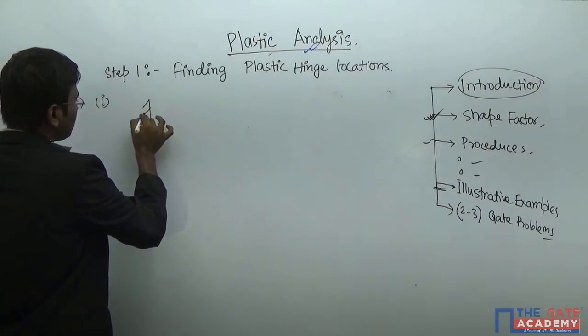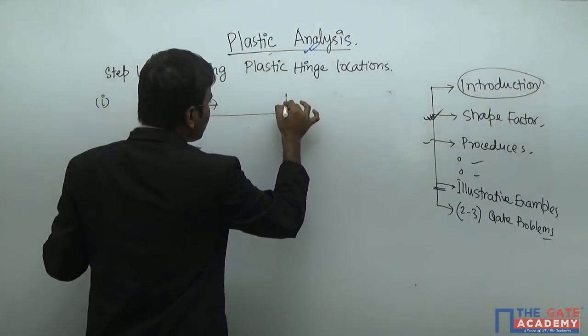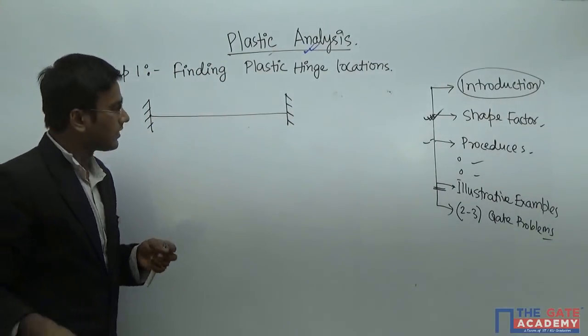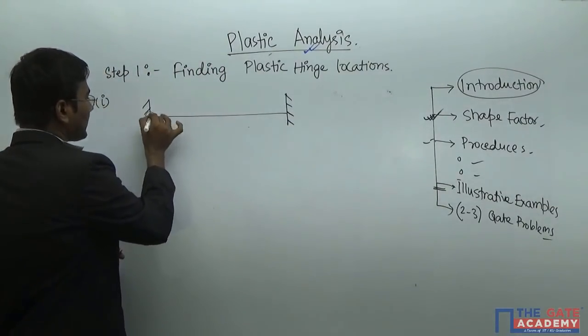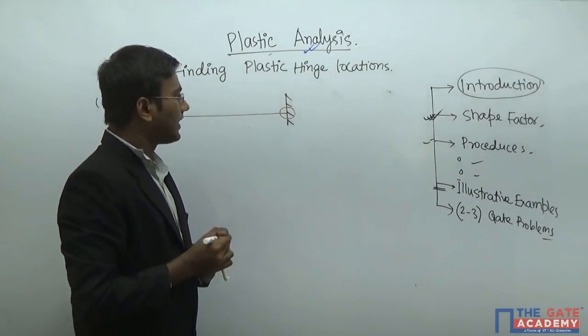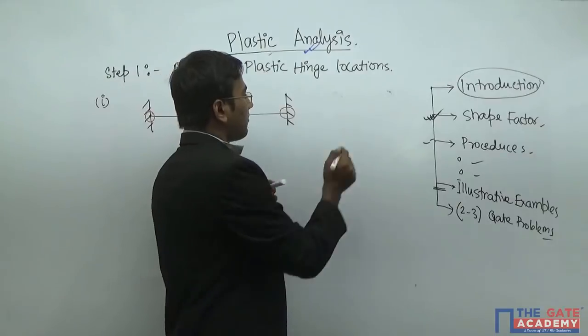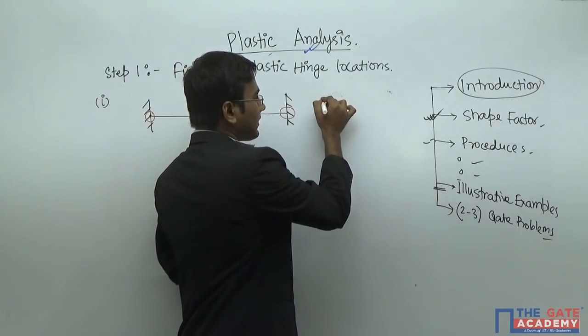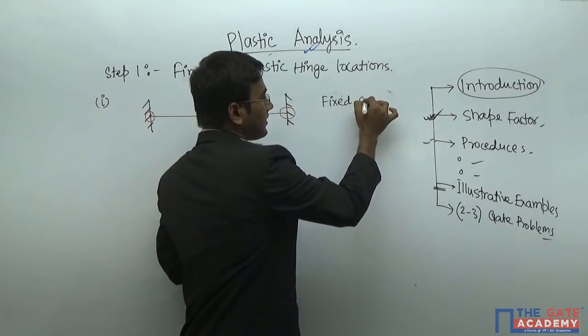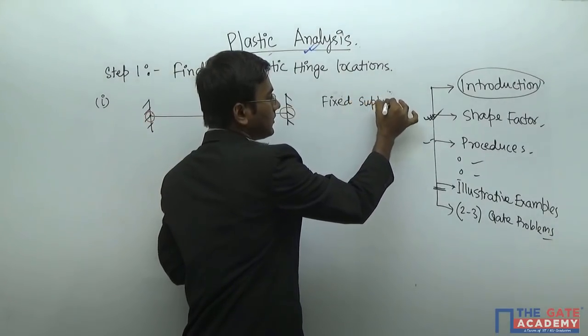Suppose this is a fixed beam. Then plastic hinges will come here and here. So number 1 is for a fixed beam: plastic hinges will come at the fixed supports, or fixed ends.